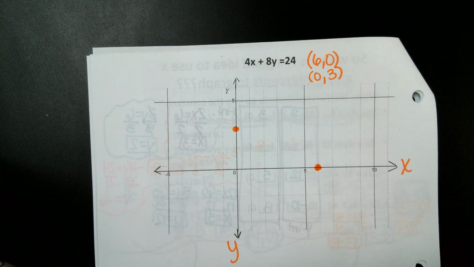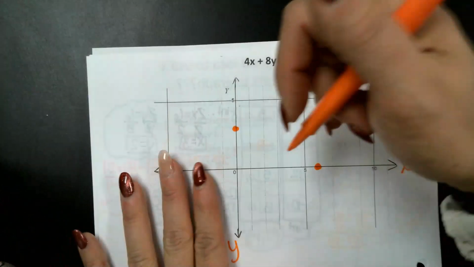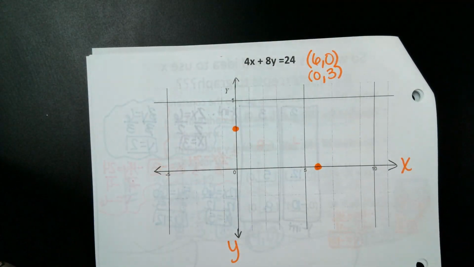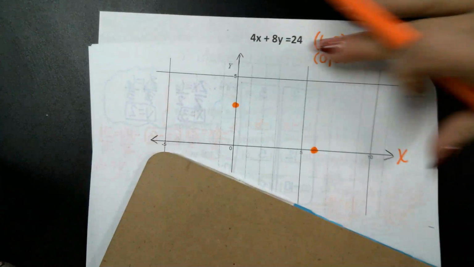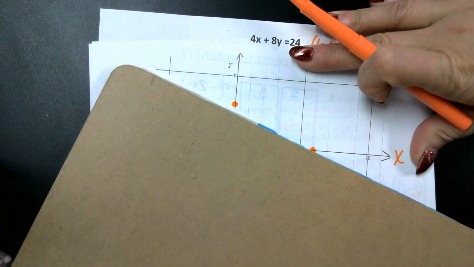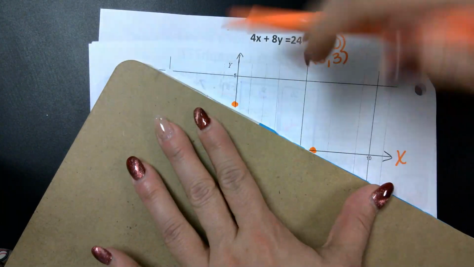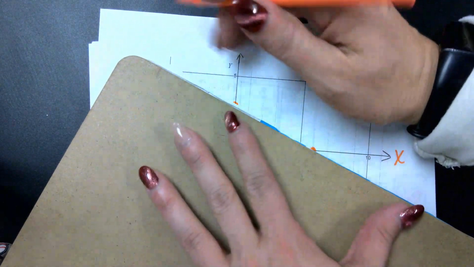And then I didn't pass out rulers, but if you don't have something to use as a straight edge, the rulers are over there on that table if you want to go grab one. There are plenty of things that you guys can use as a straight edge, but the ruler would probably be the best one. I'm just going to do this real quick using this.